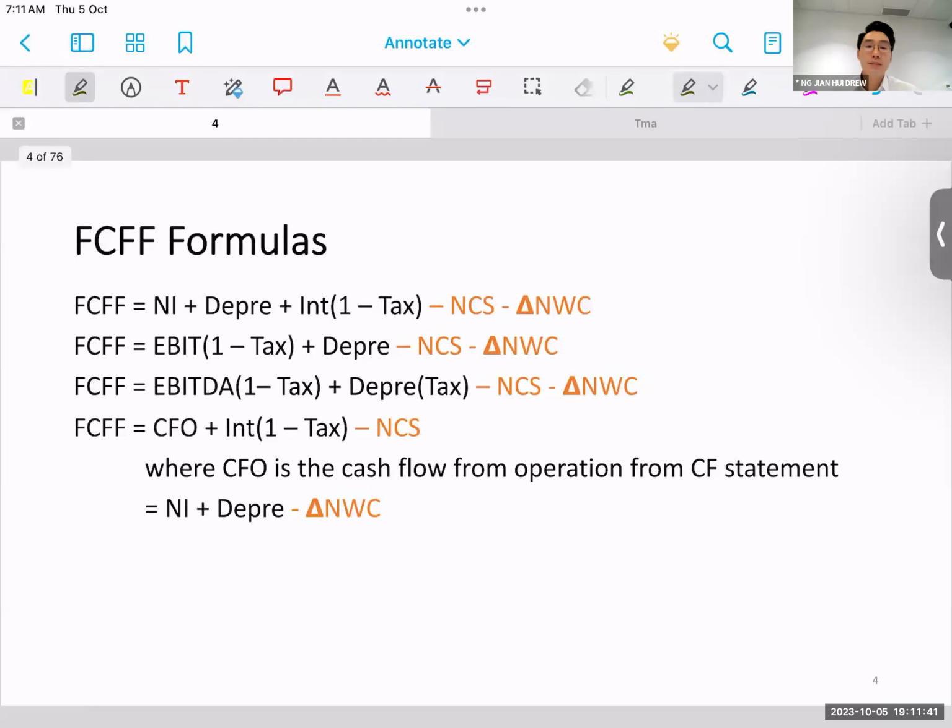Okay, now this is the part that I would like to really focus on, because recall two weeks ago I mentioned that the tricky part about FCFE and FCFF generally is how you derive the cash flows. In your DDM, because it's dividends, you just follow what has been declared. What are the dividends declared? What's the cash flow amount? So it's kind of simple, but for the cash flow model, the very tricky part is calculating the cash flows.